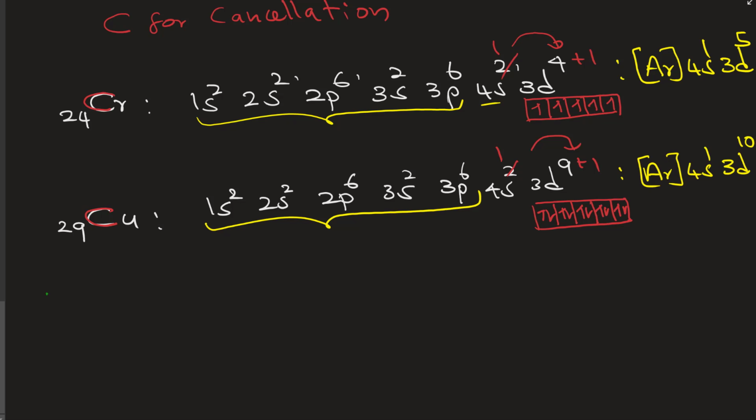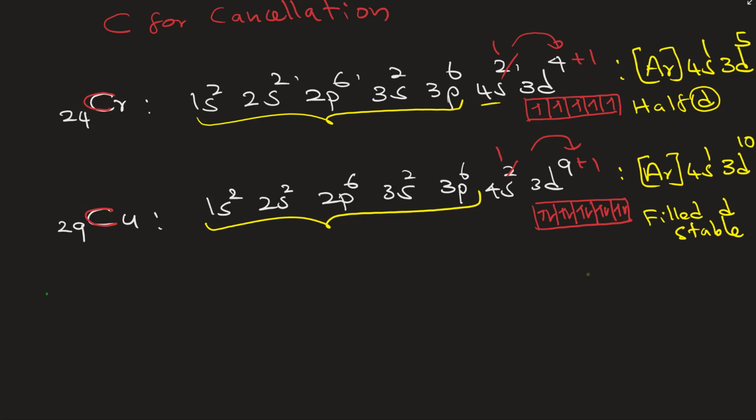Now we also want to say the half-filled d for chromium and the fully filled d for copper give stability. Those are the stabilities specially gained by chromium and copper, which violate the rules we prepared for all 118 elements. Got it? So C for cancellation: chromium 24, copper 29, steal one from s and put it into the d.